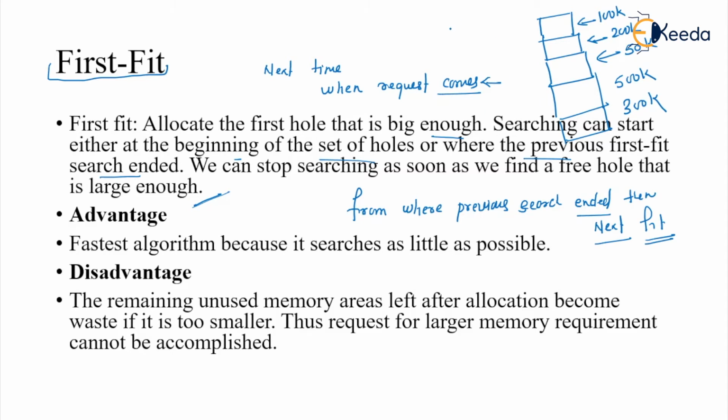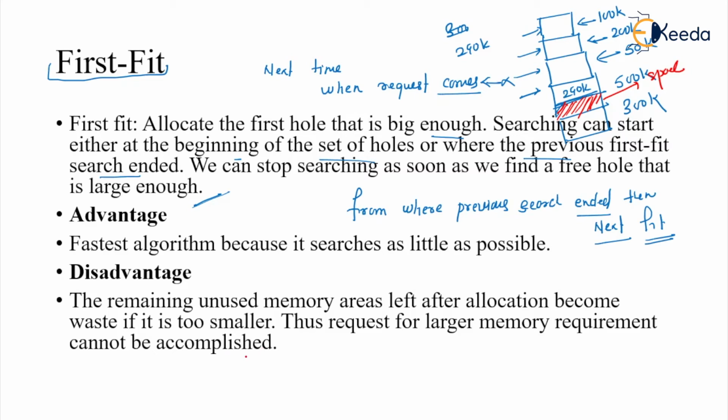Now a process of size 290k comes. It will search here, not possible, and 500k is possible, so it will allocate 290k there and the remaining space is wasted. Here the first hole that is large enough leads to wasting of space.